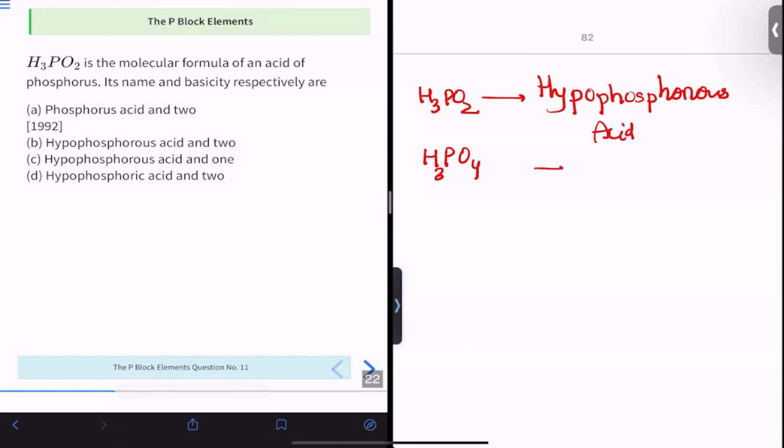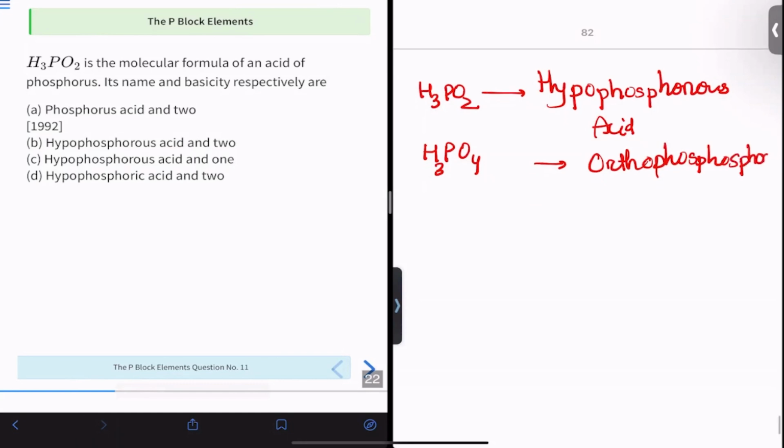H3PO4 is known as orthophosphoric acid. H3PO3 is known as orthophosphorus acid.